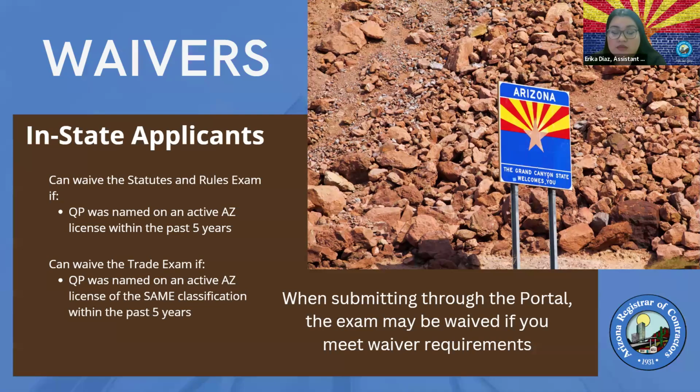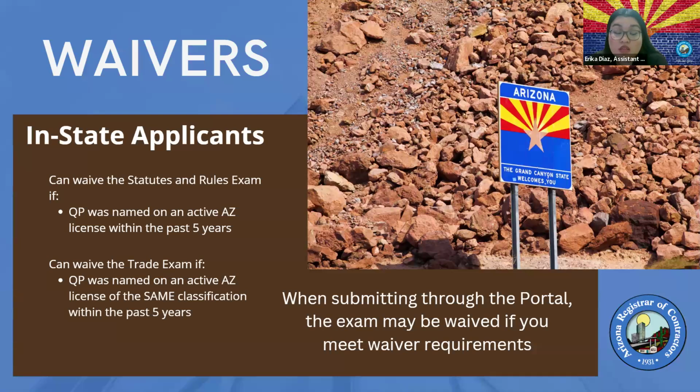However, the trades exam is more specific to the classification that you are applying for. That is why we say knowing what classification you are applying for will help you on the following steps. If you aren't sure which classification you are applying for, you want to double check on that first before we know if you can possibly waive that trades exam if you've been on the license before.